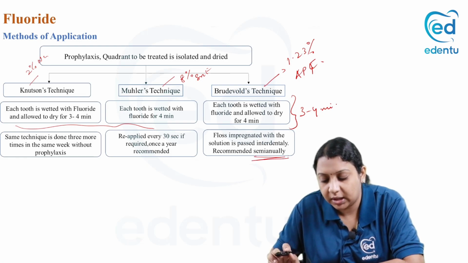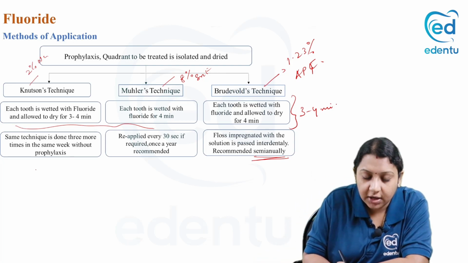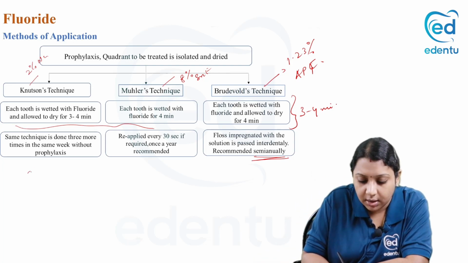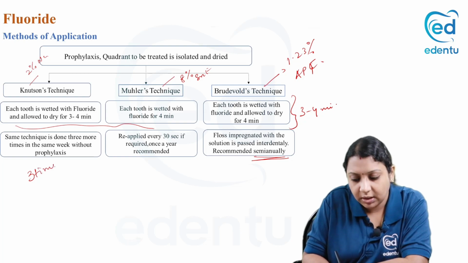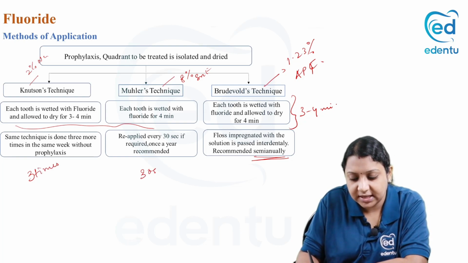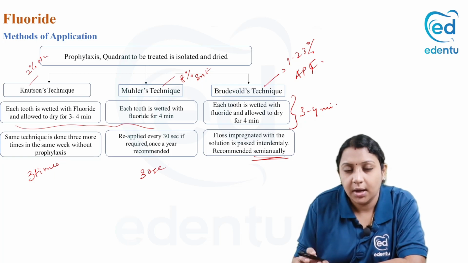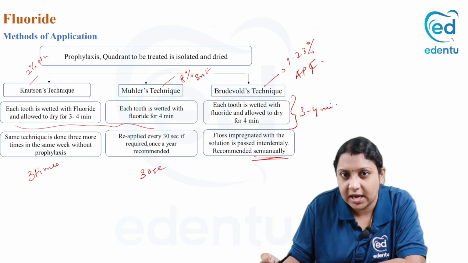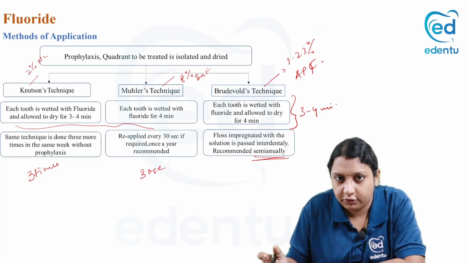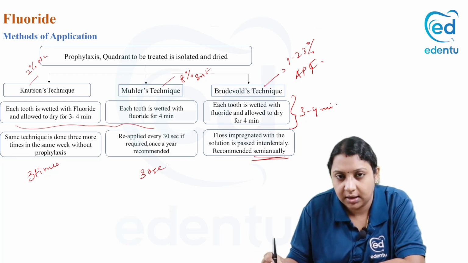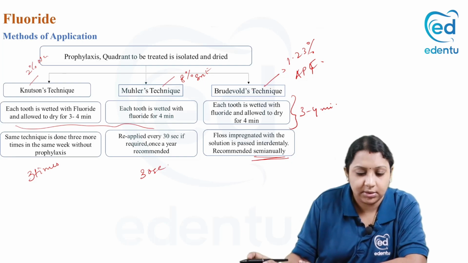It is recommended semi-annually. So here we have to remember that it is done 3 times. Then for 30 seconds in Muller's technique, that is the 8% stannous fluoride, and for 1.23% APF or acidulated phosphate fluoride, that is Brudevold's technique, semi-annual application is done.